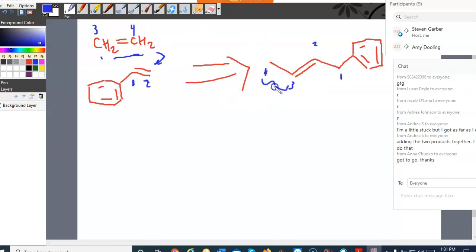All right, so this piece of it is going to be my double bond. And then obviously this piece of it is from the aromatic with a double bond. I'm basically hooking this carbon to this carbon right here. So I'm making this bond right here. That's the carbon-carbon bond I'm making.